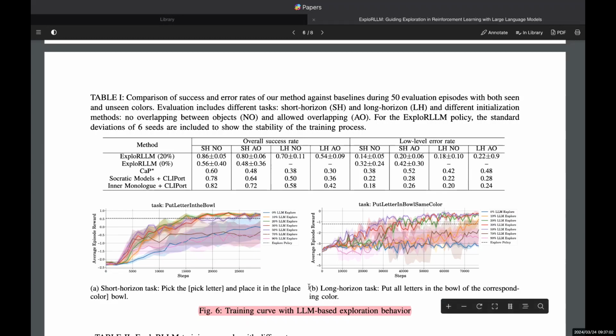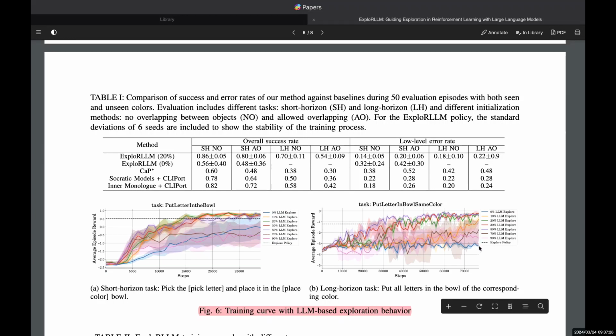Let's then look at figure 6b, the long horizon task performance. The task is to put all the letters in the bowl of the corresponding color. We can also observe that the LLM-based explore policy obtains a good performance in the long horizon tasks.